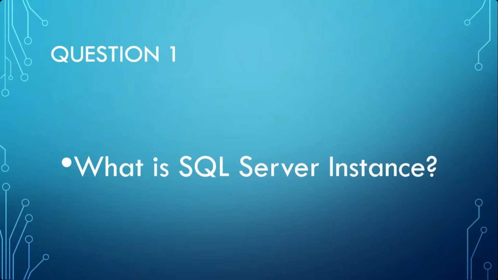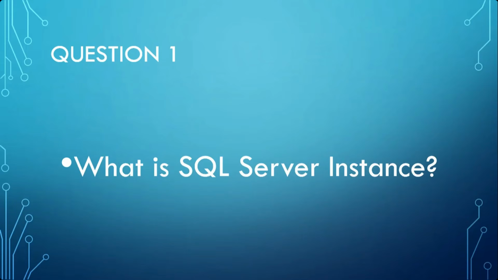So if they ask a question, what is SQL Server instance? SQL Server instance is that object which is an application, which is a database engine, and one server or one machine can have many instances of SQL Server. There is one default instance whose name is the same as that of the machine or the server, and others are called named instances.